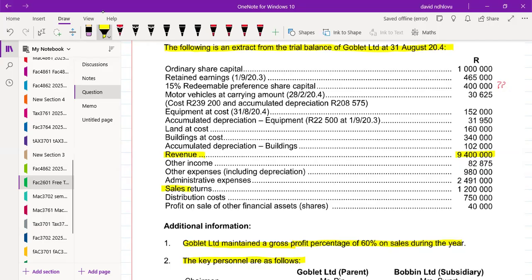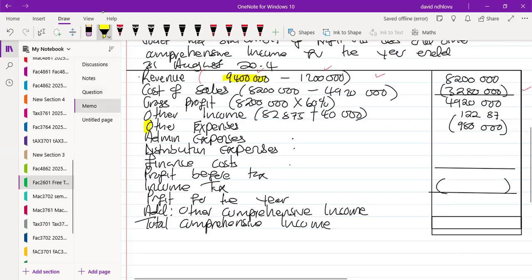So here we saw that there was a sales return of 1.2, which we also accounted for. That's what gave us that figure of 8.2. It was sales returns. Normally at this level, the question does not really require you to calculate cost of sales. That was studied in the previous module, but it can still be required of you. Whatever you covered in the prior module, it is assumed knowledge here and can be examined.